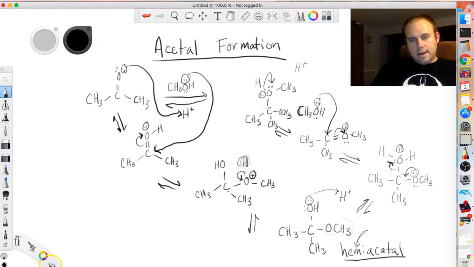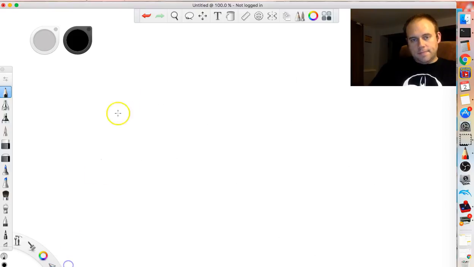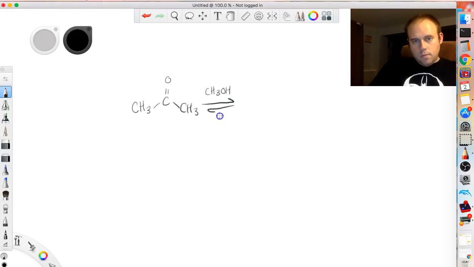So just to clean that up, now that we've run through the mechanism, what we're saying is if you have the following, acetone, right, and you used methanol with H plus, the final result would be CH3. Here's the carbon that would belong to the carbonyl, CH3. So this portion right here you can see from the acetone.